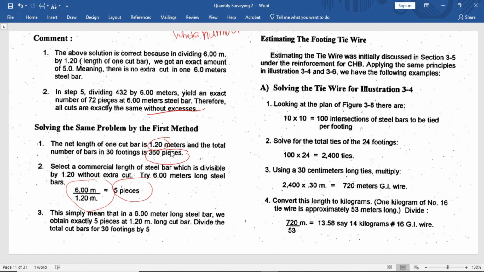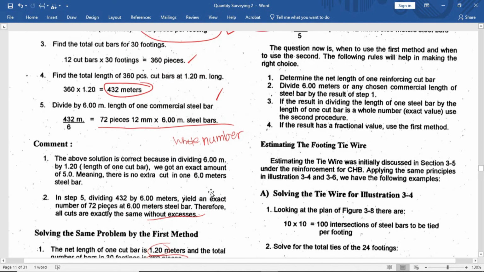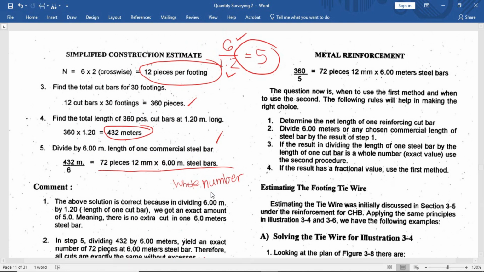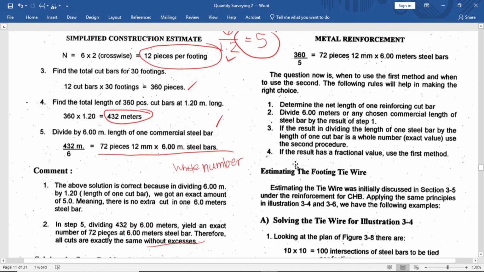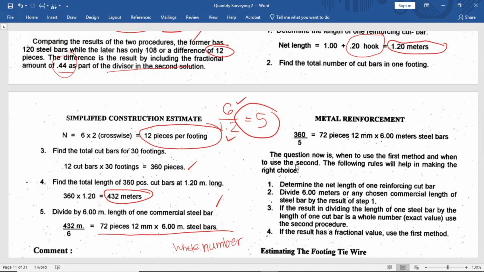Simply means that a 6 meters long steel bar will yield 5 pieces at 1.2 meters. Divide the total cut bars for 30 footings by 5. So, meron tayong 360 divided by 5 is 72 pieces.